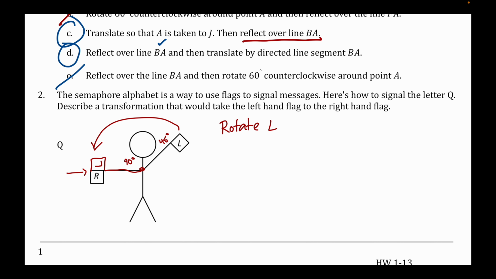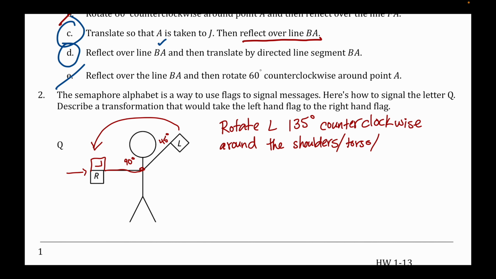That means we're going to rotate both of those combinations there. So we're going to rotate L 135 degrees counterclockwise, because we're going to the left, so counterclockwise, around the shoulders slash torso slash where the arms meet.